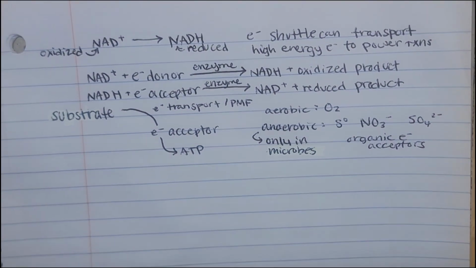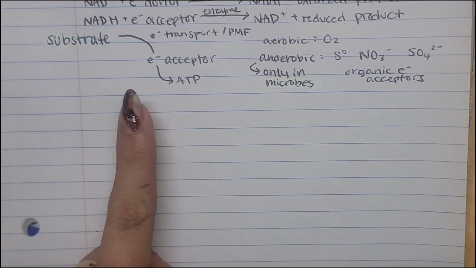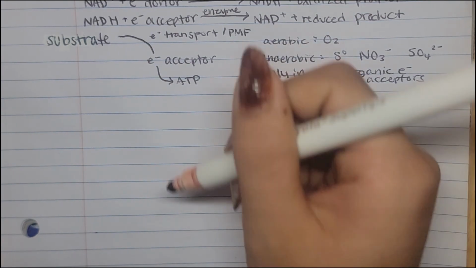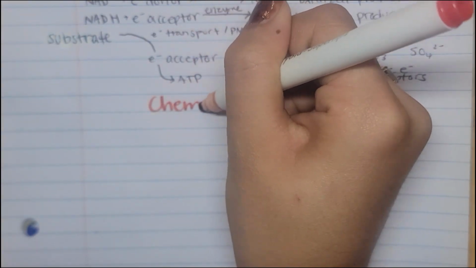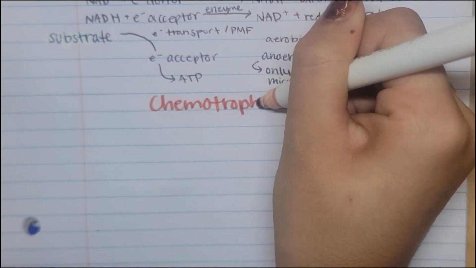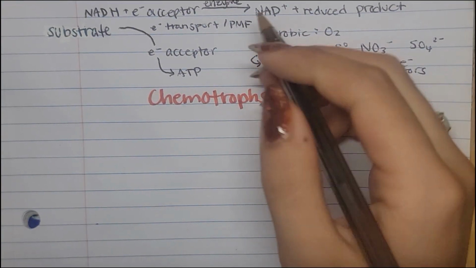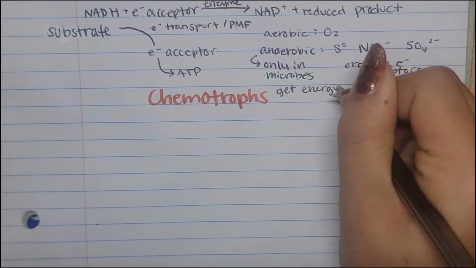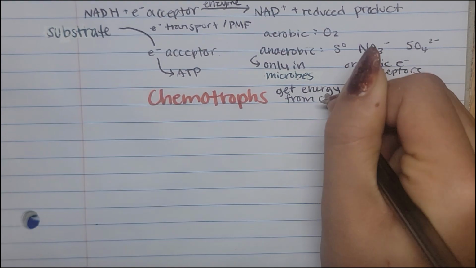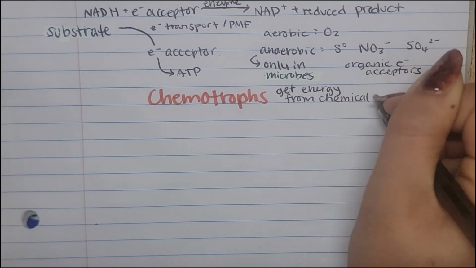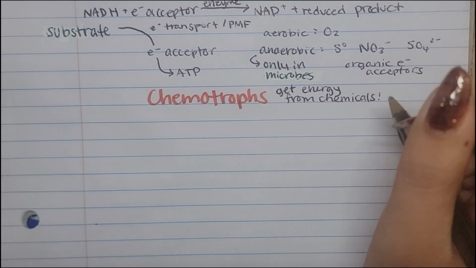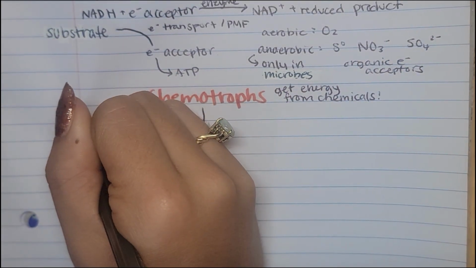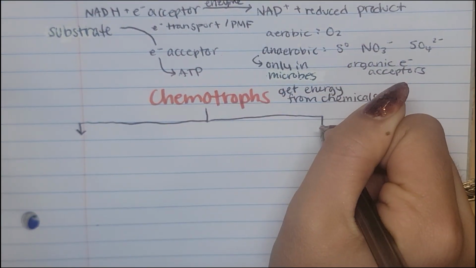Okay, so we can actually categorize organisms into where they get their electrons from and where they get their energy from. So if we talk about chemotrophs, chemo like chemical, they get their energy from chemicals. Makes sense. But where do they get their electrons from? Well, that depends. So we actually have two different categories. I'm going to draw it like this and like this.